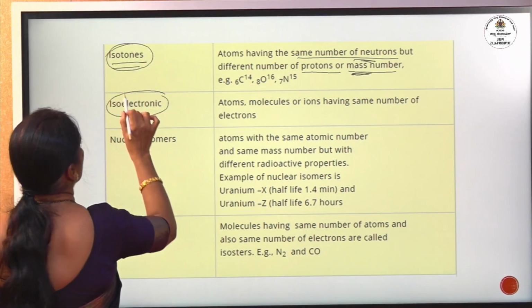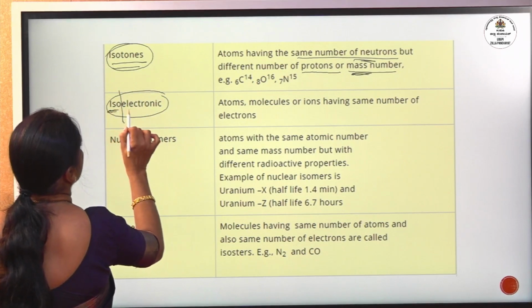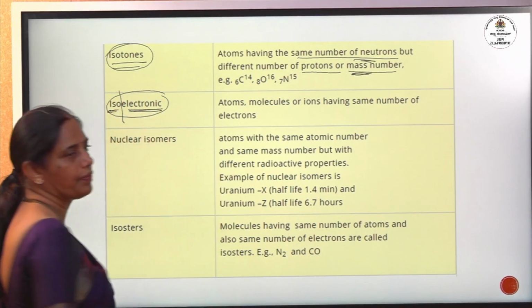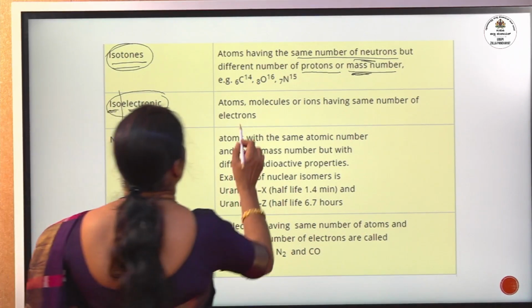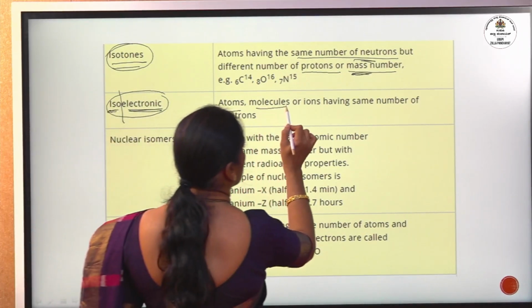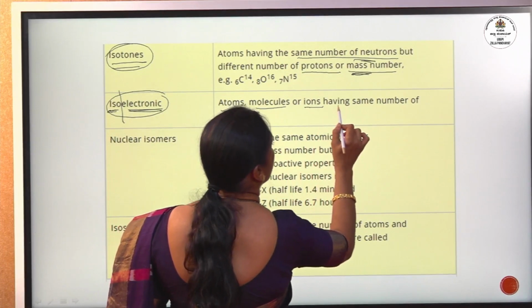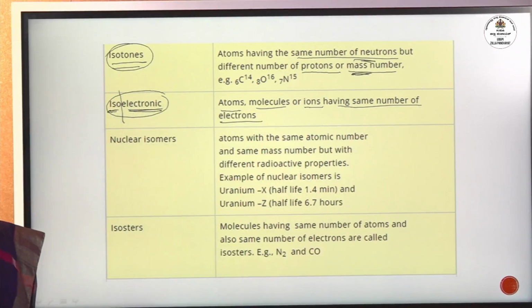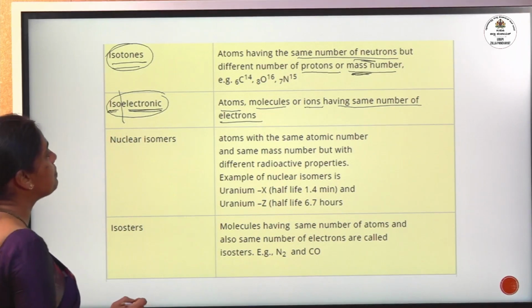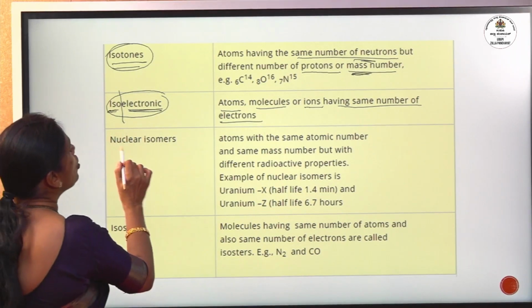Next, isoelectronic, again same electrons. Atoms, molecules or ions having the same number of electrons are isoelectronic species. Next, nuclear isomers.